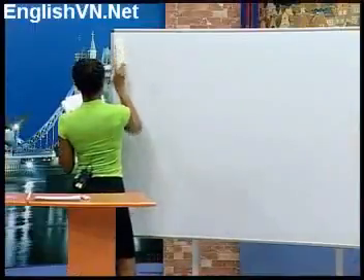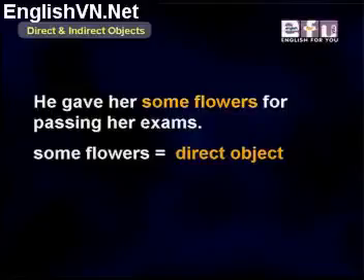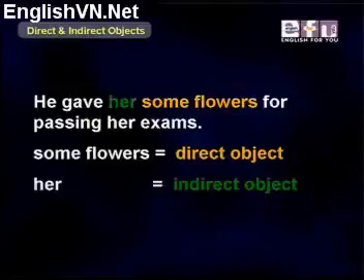Now, Sylvia, can you please look at this next sentence and tell us the direct object and the indirect object? He gave her some flowers for passing her exams. Flowers is the direct object and the indirect object is her.